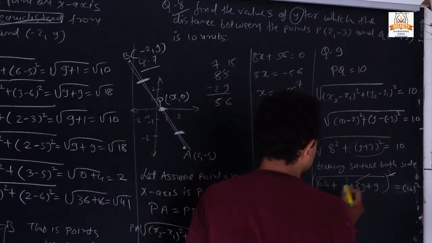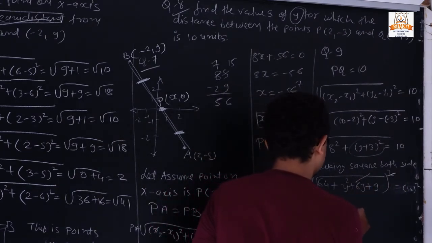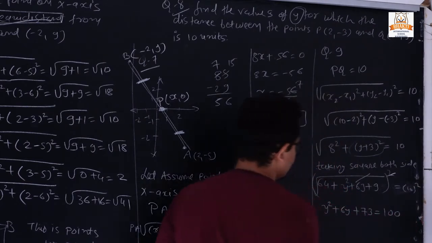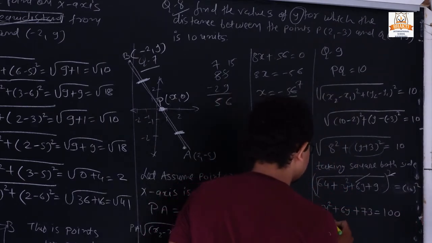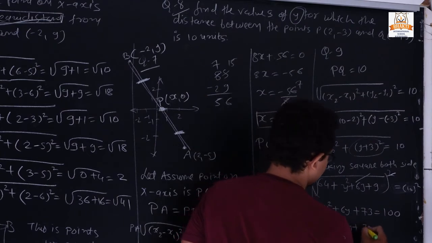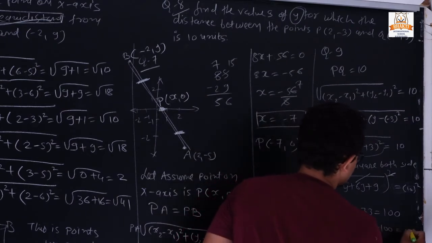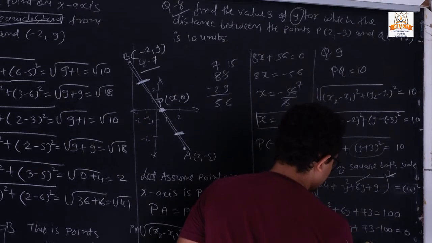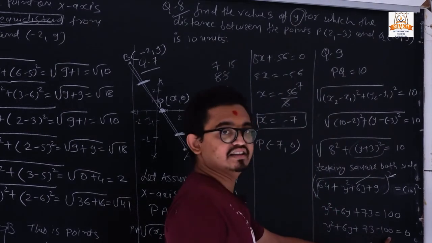Now 64 plus 9 is 73, and 10 square is 100. Now this 100 goes to the second side, so it becomes minus. 100 minus 73 is 27, but minus 27 because 100 is the greater number.